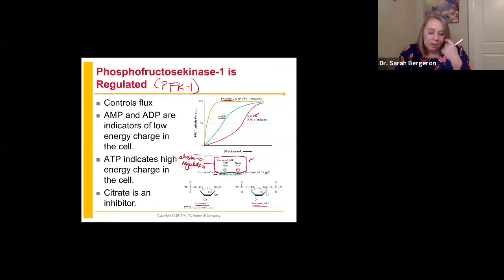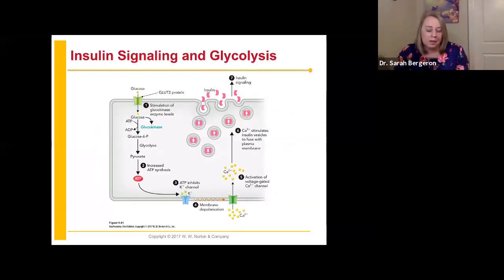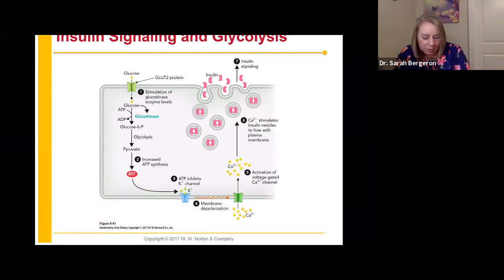Okay, so let's talk about another way that glycolysis is regulated. Glucokinase. Glucokinase functions basically as a glucose sensor, and we talked about this a little bit in the last section. It induces insulin release from our pancreatic beta cells in response to high blood sugar levels, right? So here's glucokinase, and it's similar to hexokinase, right?